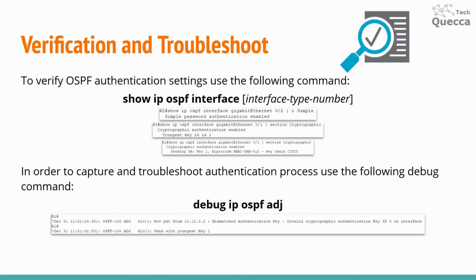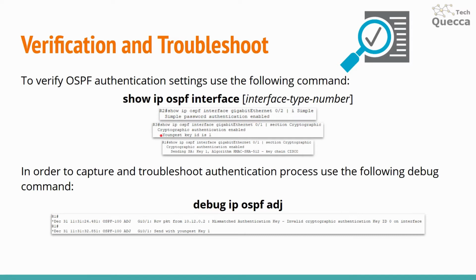To verify OSPF authentication settings, use the following command: show IP OSPF interface, and then you can specify interface on which you want to check OSPF authentication settings. For example, here you can see that simple password authentication or plaintext authentication is enabled on the interface Gigabit 0/2 on router R2.